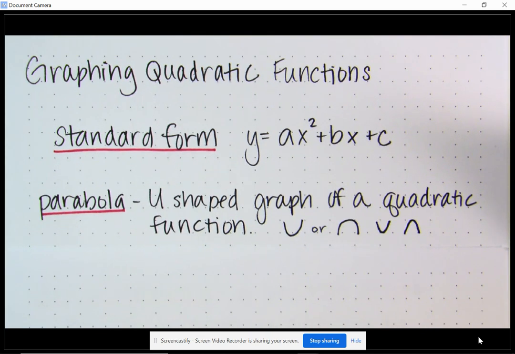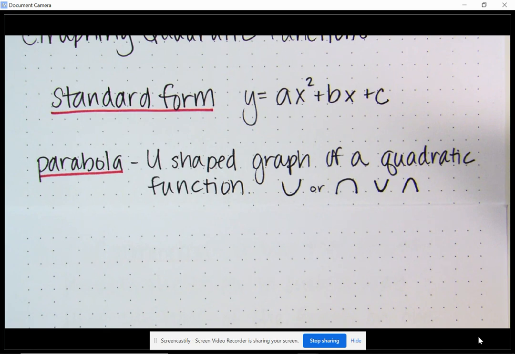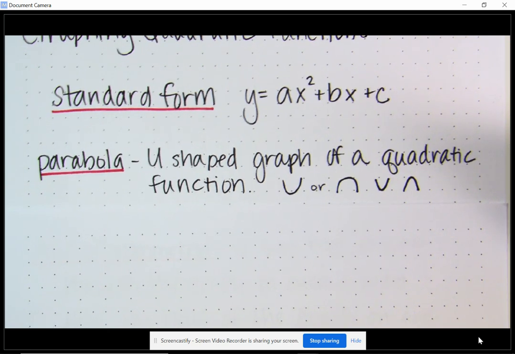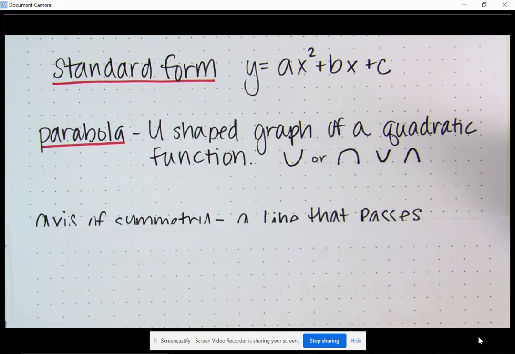Now, with parabolas, there are certain parts that have names, and we'll go through a bunch of vocabulary through this. But one of the very important pieces of a parabola is the axis of symmetry.